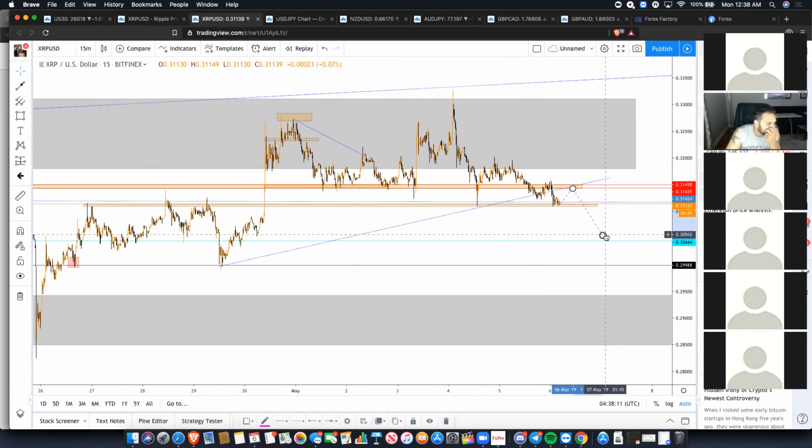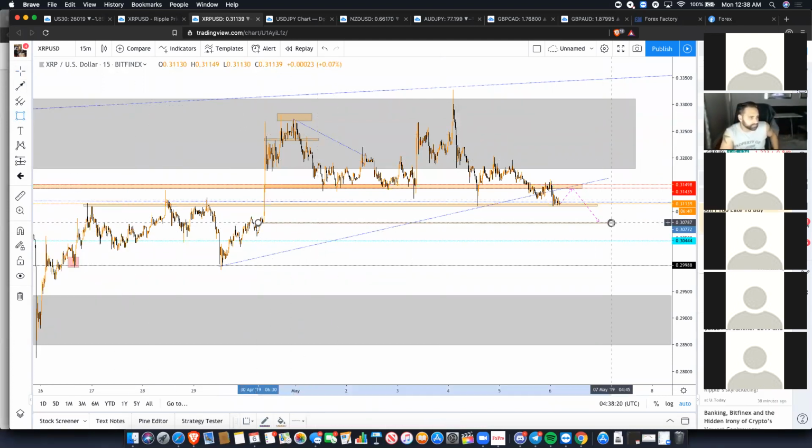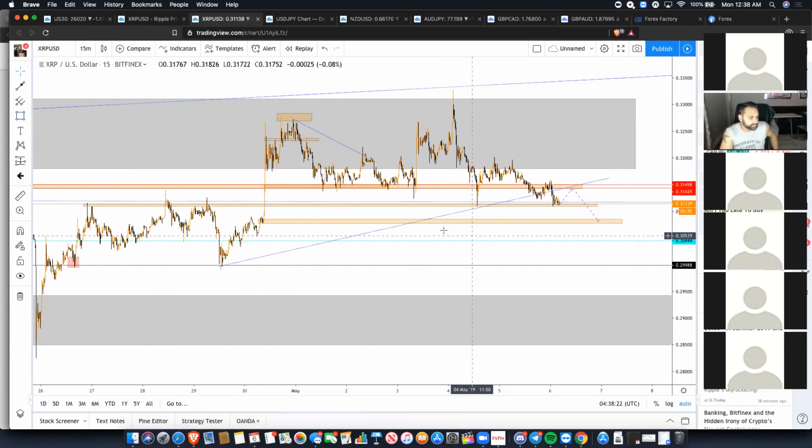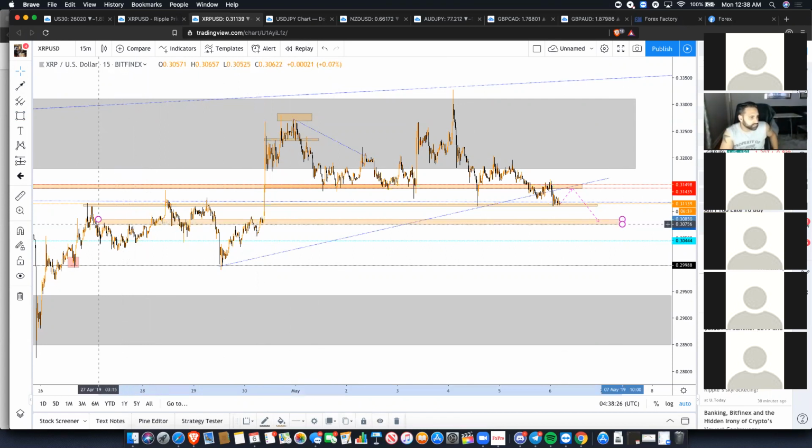I was looking at XRP. I like XRP sells to the base of this price right here. Which is why I was telling Lewis earlier, I really didn't like XRP buys at the moment.